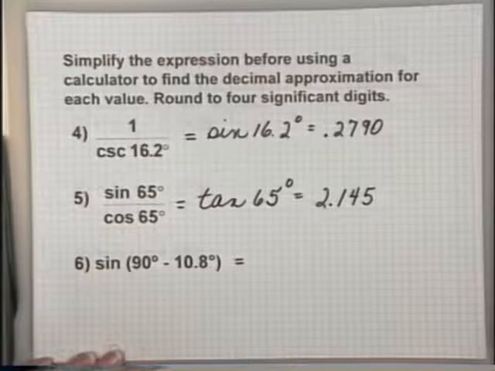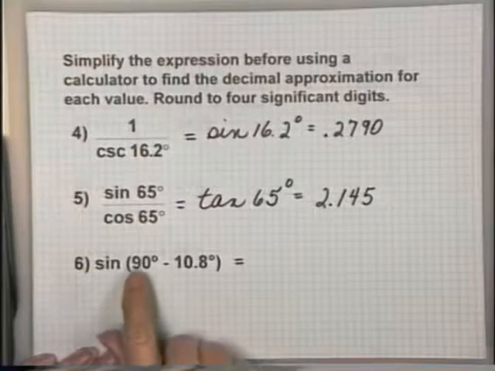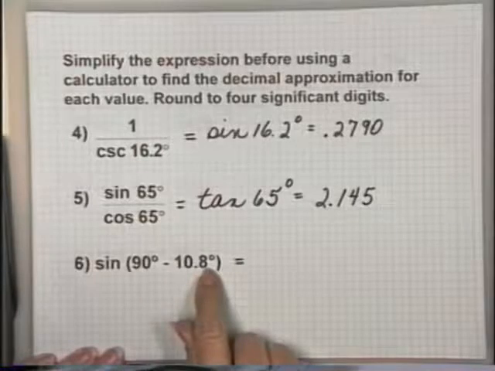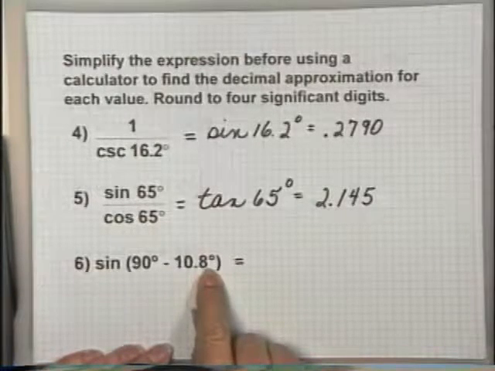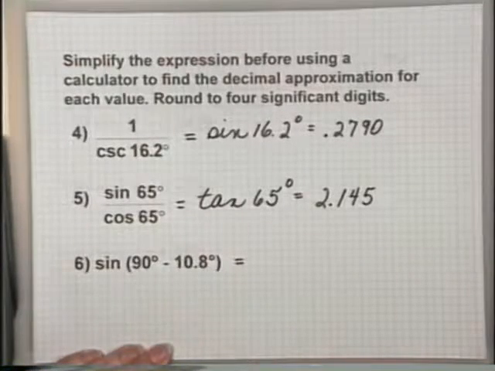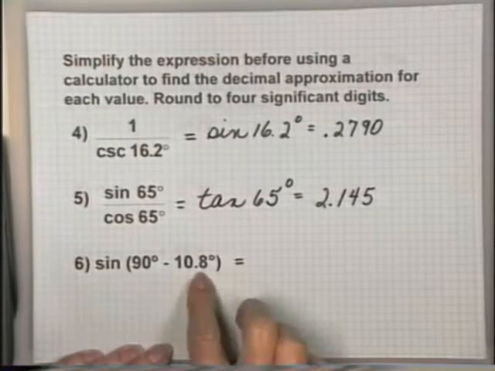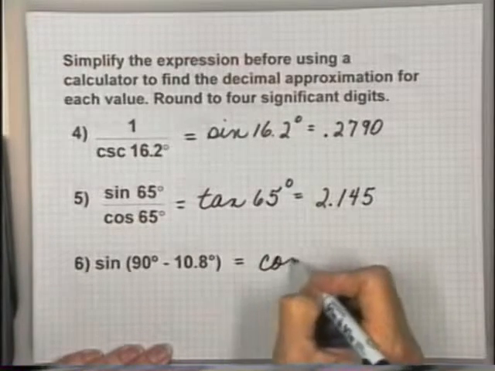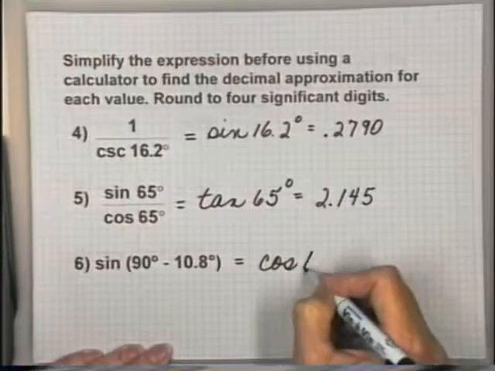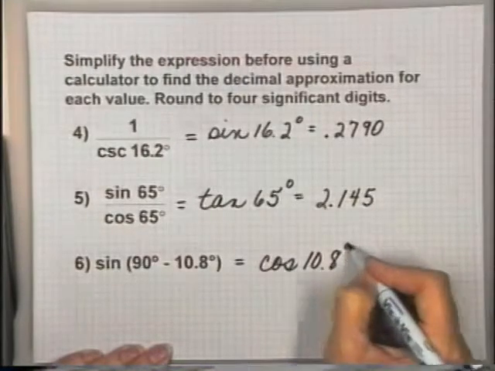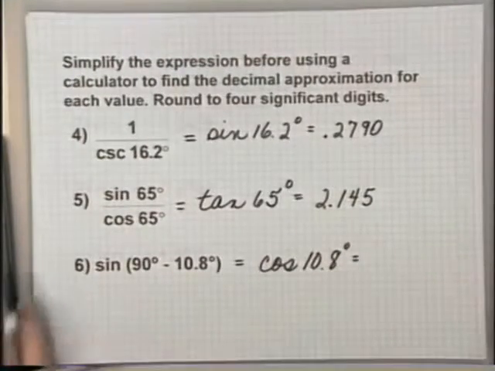They want us to recognize that 90 degrees minus 10 and 8/10 degrees would give us the complement of 10 and 8/10 degrees. And since cofunctions of complementary angles are equal, instead of doing this, we could find the cosine of 10 and 8/10 degrees.